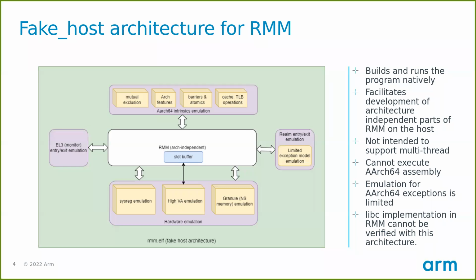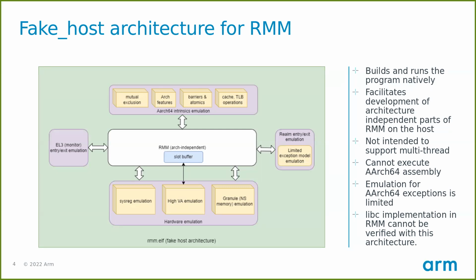Some of the features of this host architecture are that, as mentioned before, it builds and runs the program natively. It is not intended to support multi-thread, although it can emulate different PEs. It cannot execute AArch64 assembly instructions, for obvious reasons. The emulation for AArch64 exceptions in this mode is very limited.